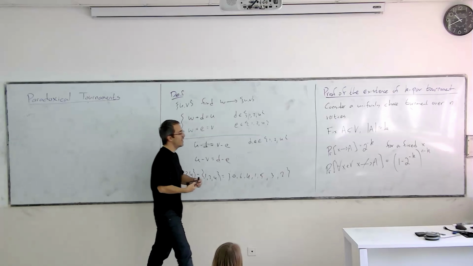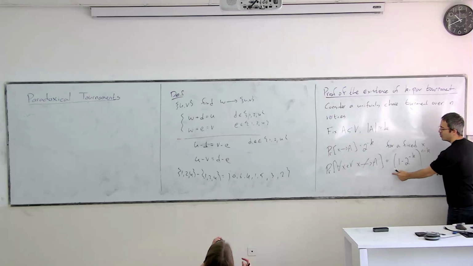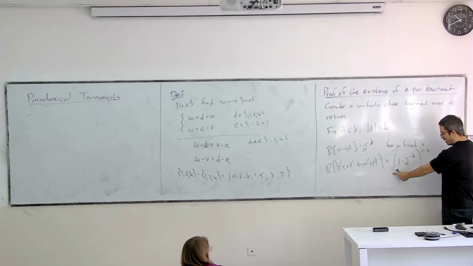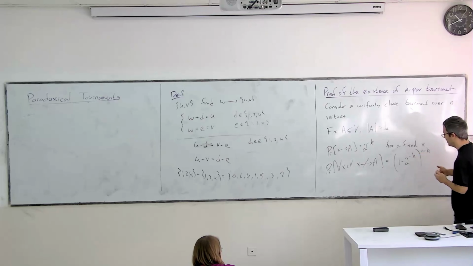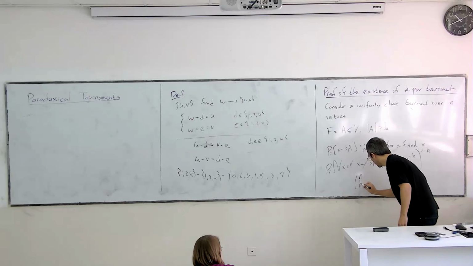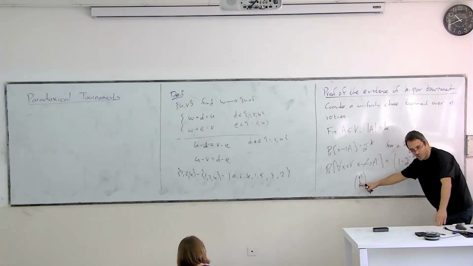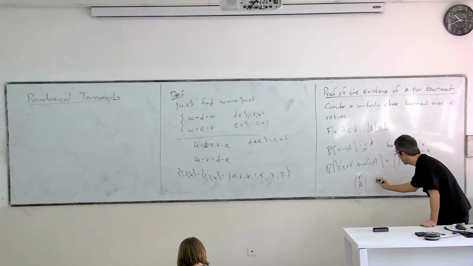Okay. So what's the kind of equation I care about? That's for a fixed set. That's the probability that my graph will fail for a fixed set. So what should I do now? Exactly. I'm going to take the union bound. This is the number of ways to choose a set, the number of A's I have to worry about.